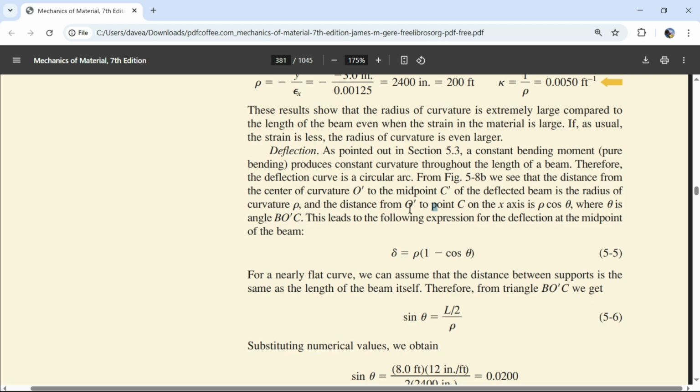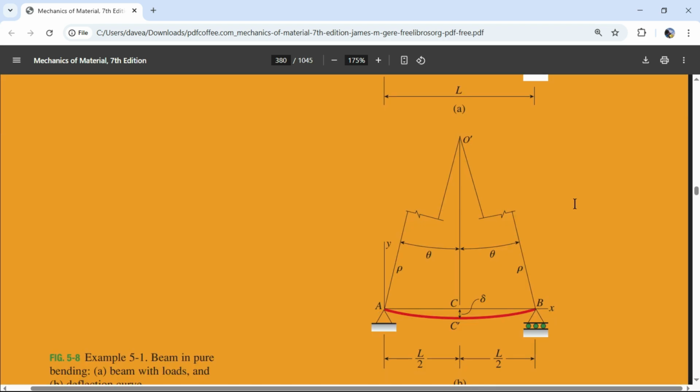And the distance from O prime to point C, that's the top surface, on the x-axis is rho cosine theta. Let's see where that is. So they're saying the chord, not the top of the beam. If you turn this into a chord, now we have a right triangle. It shouldn't be too hard. The hypotenuse is the radius of curvature, rho, and then we know our angle.